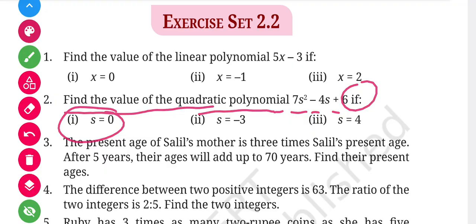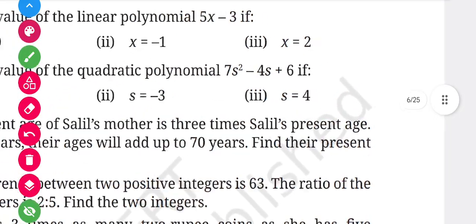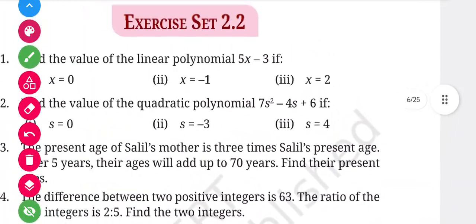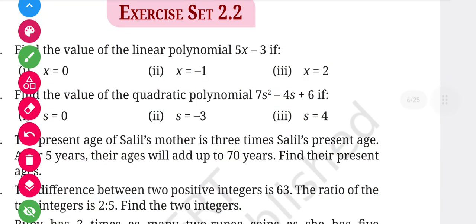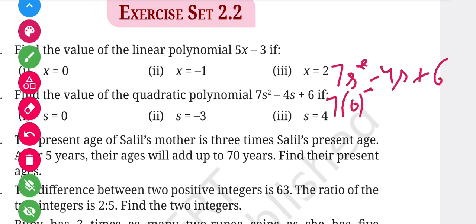So we put s is equal to 0 in this equation, 7s square minus 4s plus 6. So 7s square means 7 into 0 square, minus 4 into 0, plus 6. 7 into 0 square is 0, so 7 zeros are 0, minus 4 multiplied by 0 also becomes 0, and then plus 6.